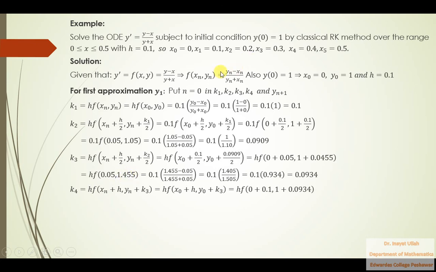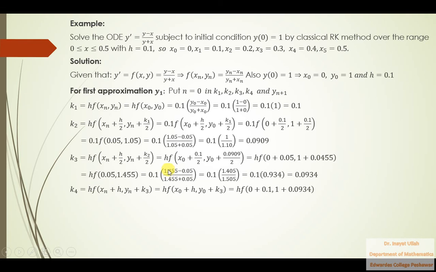So replacing in this fraction, we'll get second minus first divided by second plus first, and calculating this fraction, we'll get this answer.